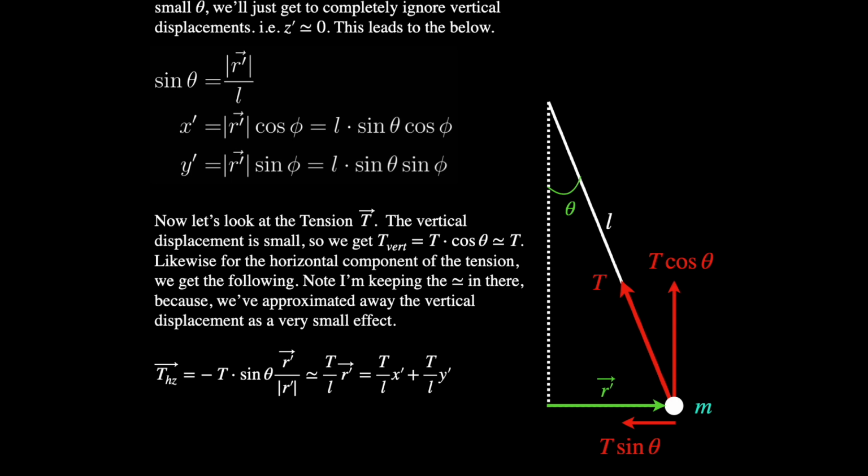So how do we then translate that? It's approximately equal to T divided by L, because we've previously defined sine of theta as equal to the magnitude of the r vector divided by L. But if we have the sine of theta divided by the magnitude, that's just basically 1 over L. Sine theta is still roughly that, because there's a little bit of a z displacement, but we're not too worried about that.